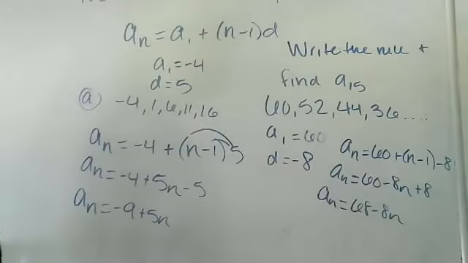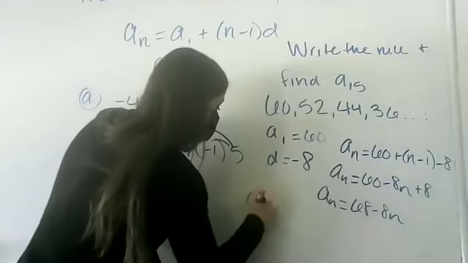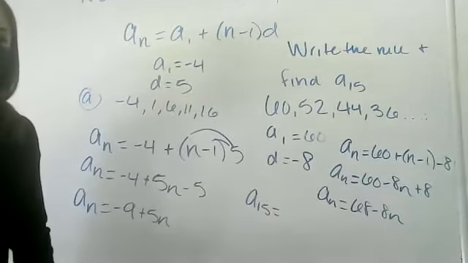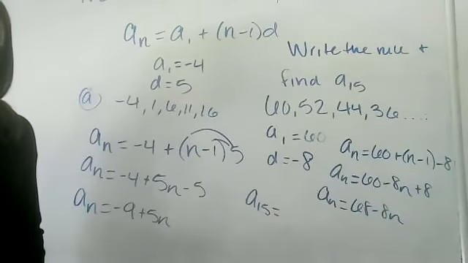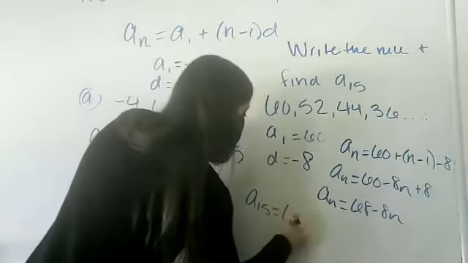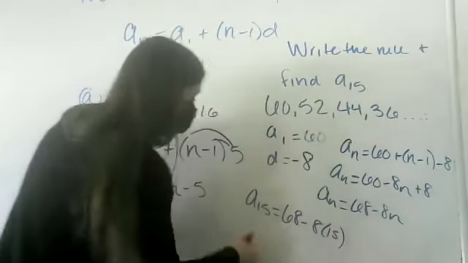How many of you guys get that? Very good. To find a sub 15, or the 15th term, what do I have to do with 15? You plug it into the n. There we go. Plug it into the n, and that's how you multiply by negative 8.